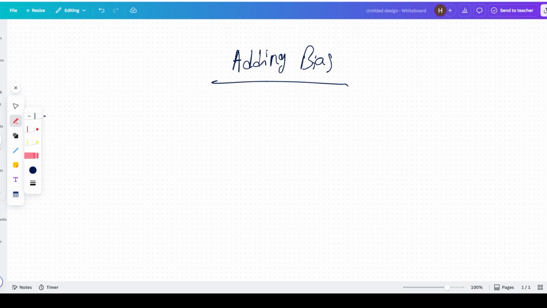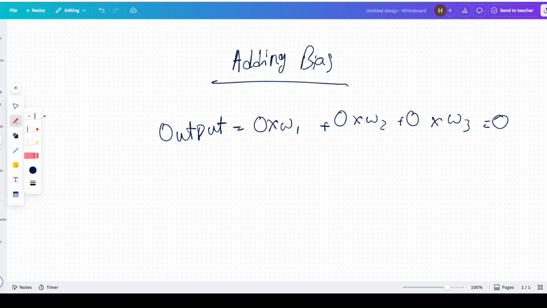With the current equation, the output is 0 multiplied by w1 plus 0 multiplied by w2 plus 0 multiplied by w3, which is equal to 0, right? So the neuron is always off, with no flexibility.